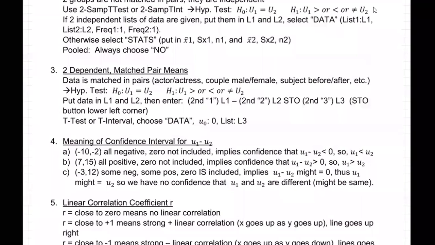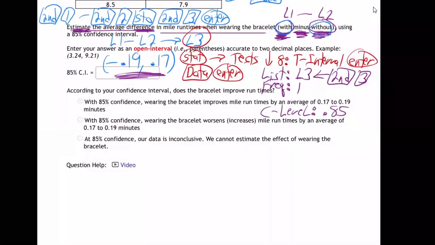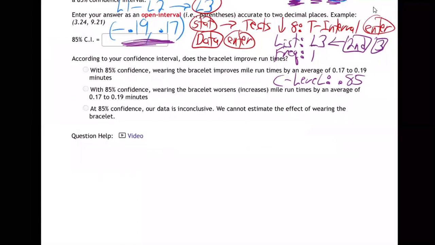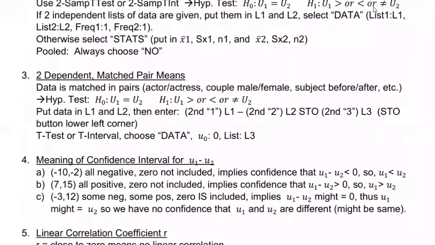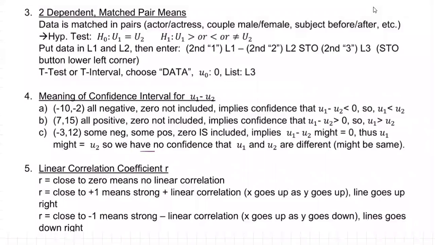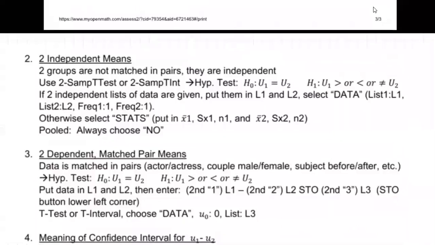Let's go back and see what's going on with that. What did we get? Some negative, some positive, didn't we? Negative 0.19, positive 0.17. We got some negative, some positive, which means, what were the words they used? We have no confidence that they're different. They might be the same.